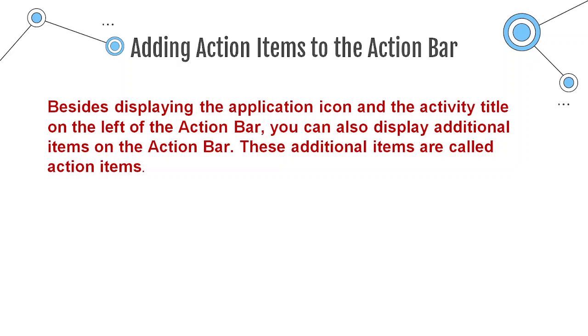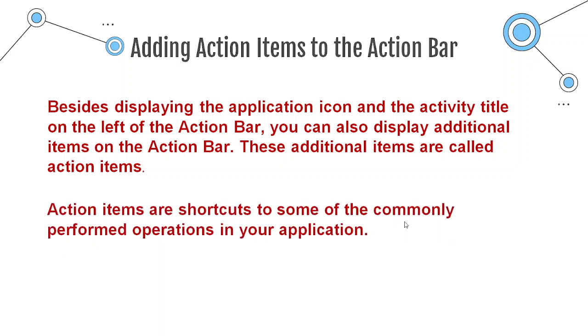So these elements are called action items, and these items can be added to the action bar on the right hand side. So action items are nothing but shortcuts to some of the commonly performed operations in your applications.